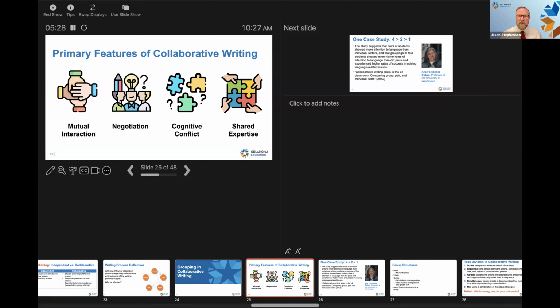And then maybe the scariest part of collaborative writing is this third stage of cognitive conflict, where students may not be getting exactly what they want, but figuring out how to make things work in spite of that, and where they fit into the group and what that final product is going to look like. But in the end, we get this fantastic final stage of shared expertise, where every student gets to contribute and they make the writing stronger by their own contributions in the group.